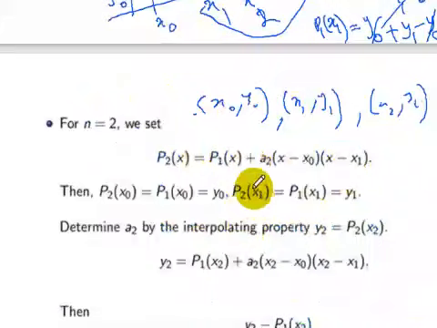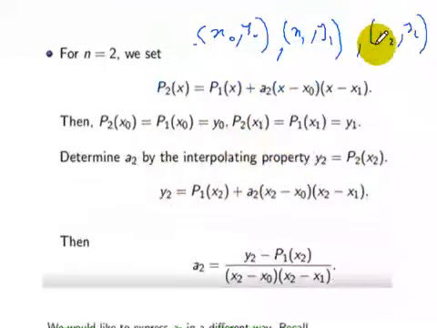When you throw this value x sub 1 into this polynomial, we don't get this term, right? So this becomes 0. So this is p sub 1 evaluated at x sub 1, which is equal to y sub 1. Then p2 evaluated at x sub 1 would be y sub 1. This is clear, right?